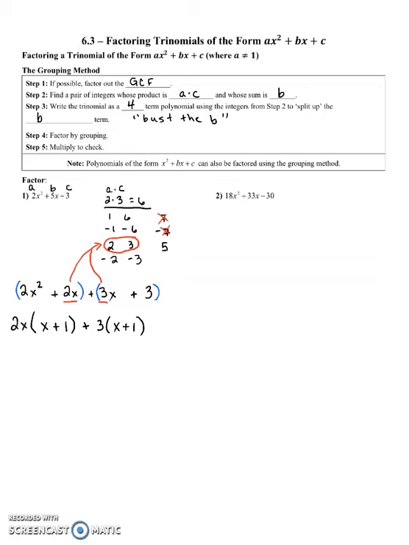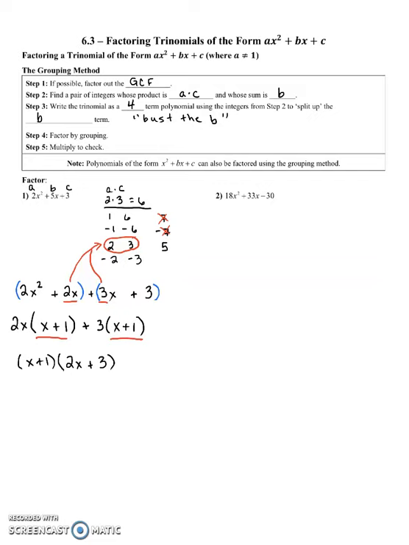Now, we have an x plus 1 in the first term and an x plus 1 in the second term. So we can factor out the x plus 1, and that leaves us with 2x from the first term and 3 from the second term. So 2x squared plus 5x plus 3 factors into x plus 1 times 2x plus 3.